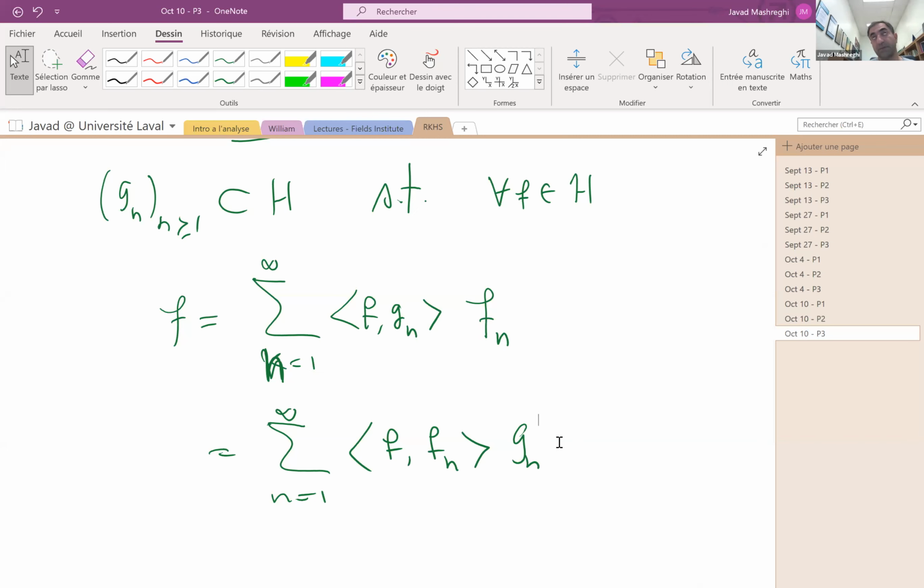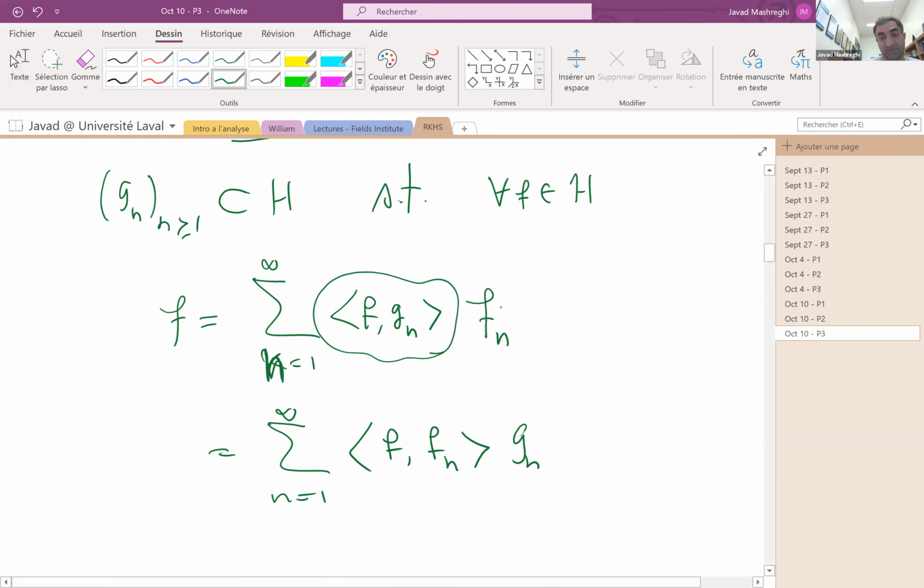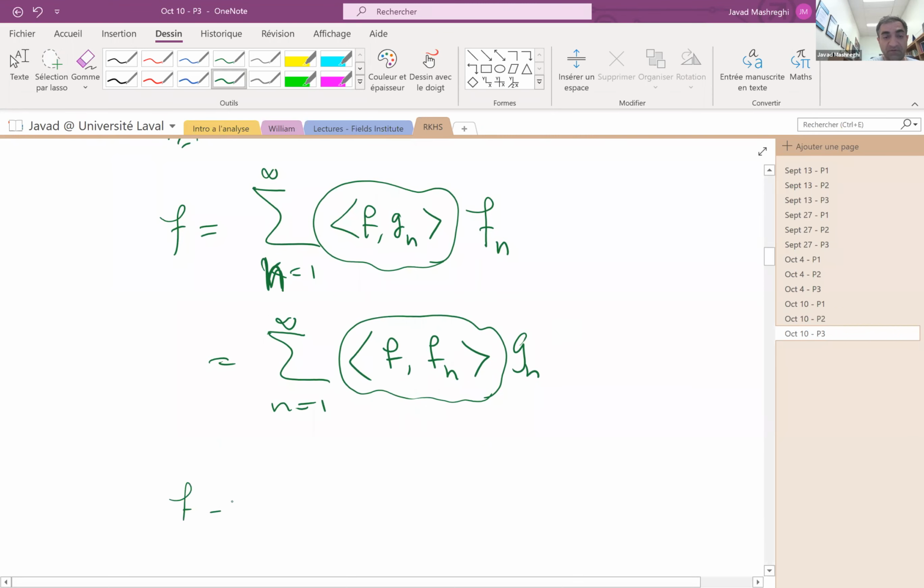The good thing about the Riesz spaces is that the representation is unique. The coefficients are uniquely given with respect to Fn and uniquely given with respect to Gn. In other words, if by any method you discover that f is equal to the sum, n from 1 to infinity, of alpha n times Fn, there is no liberty for alpha n.